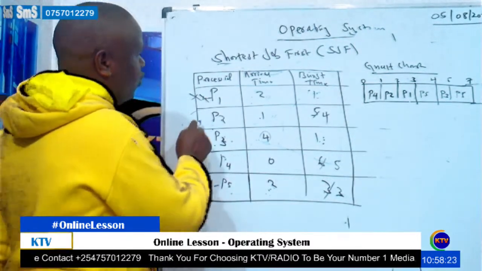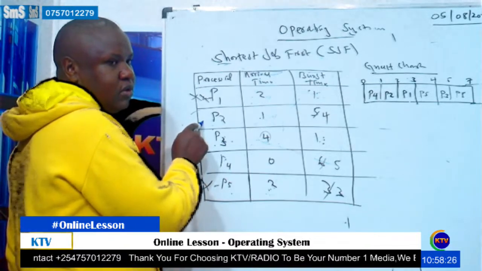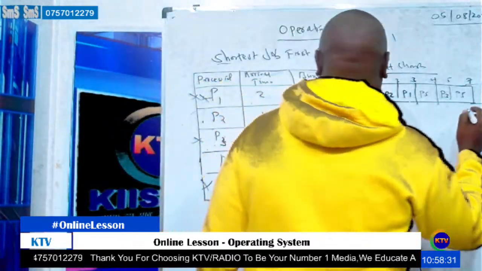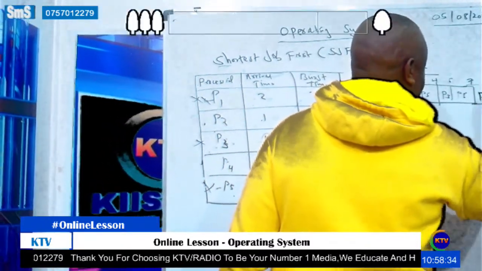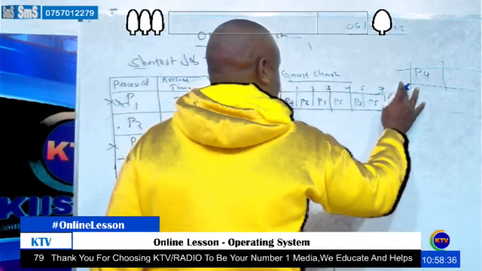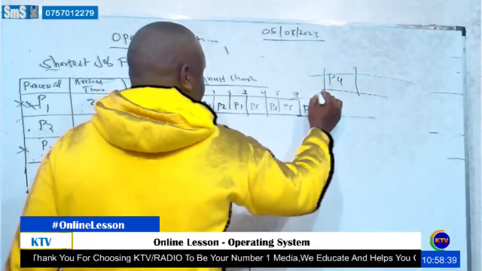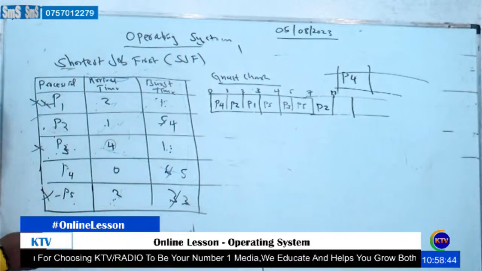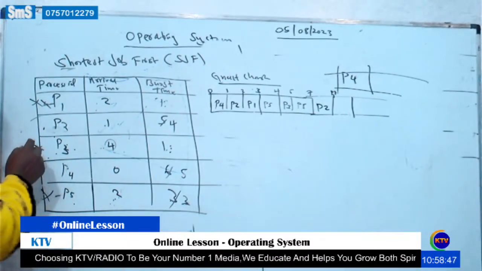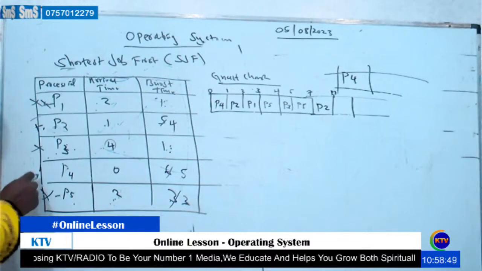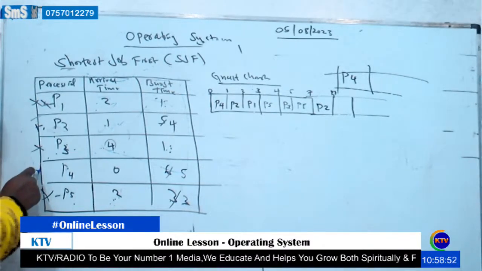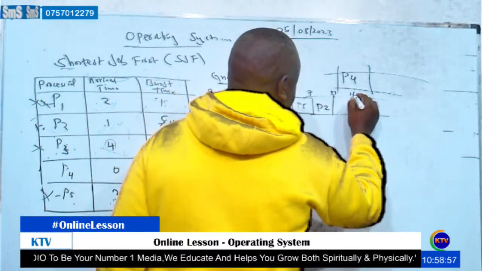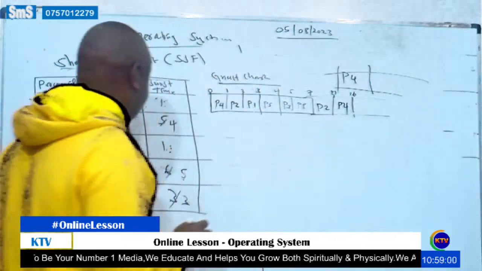Then process 2 will follow, which will take 4 minutes. 4 plus 7, 11. So process 2 is completed. We are left with process 4, which has 5. 5 plus this, 16. So process 4 is complete.